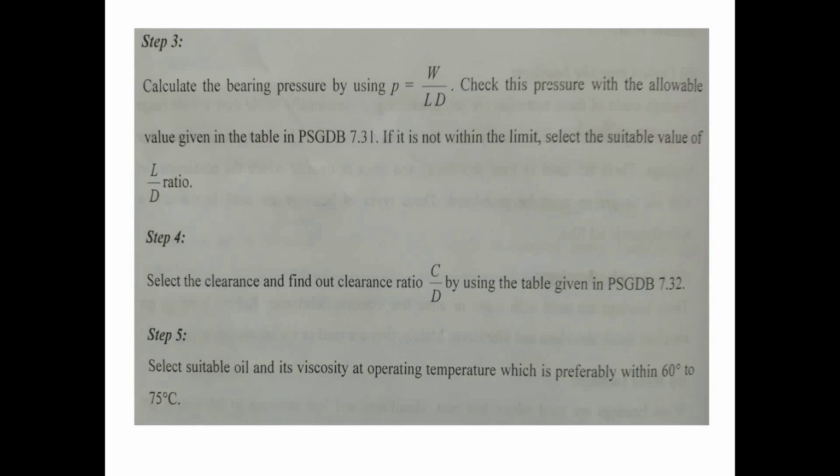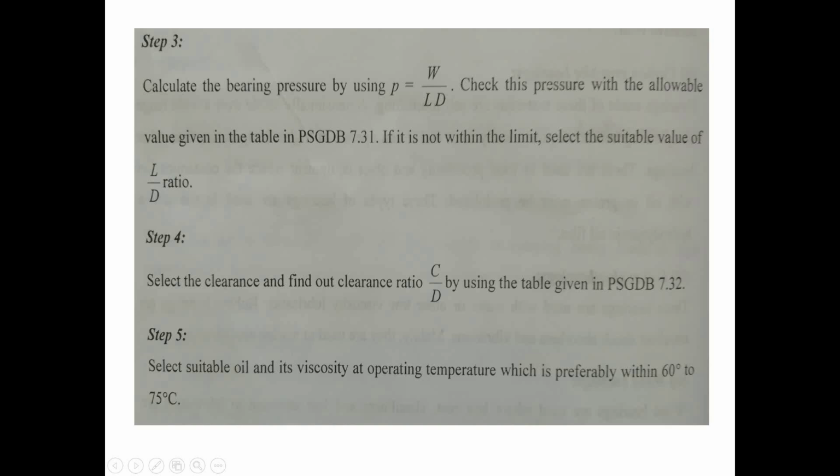And third step, you have to calculate the bearing pressure with the help of the L by D ratio. That means pressure P equals W divided by L into D. Fourth step is to select the clearance between the journal and the bearing, that is the C by D ratio.